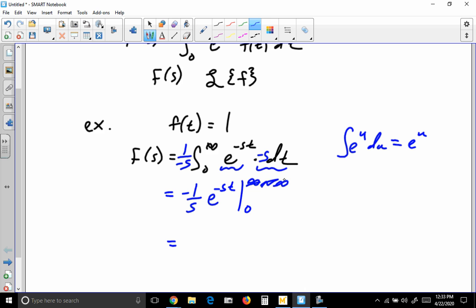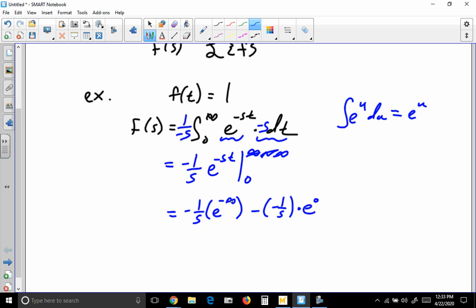So if we plug in infinity for t, we get negative 1 over s times e to the negative s times infinity, which would be negative infinity, minus negative 1 over s times e to the, if we plug a 0 in, we get 0.